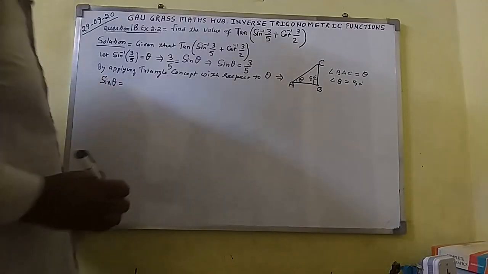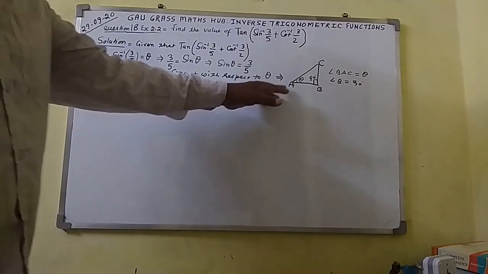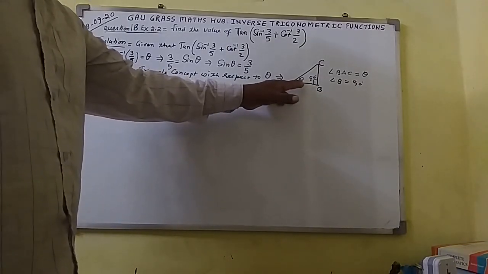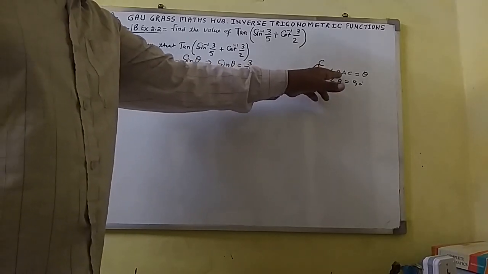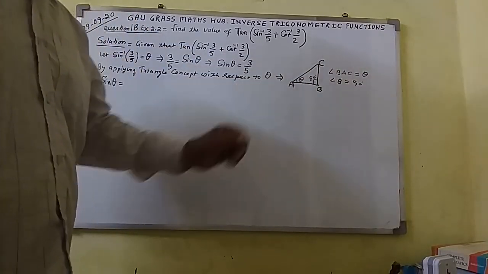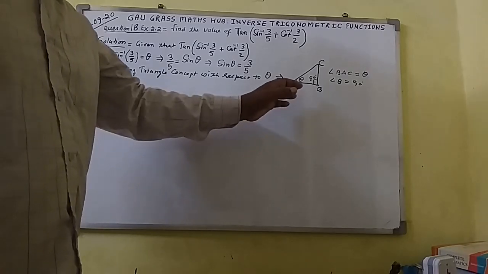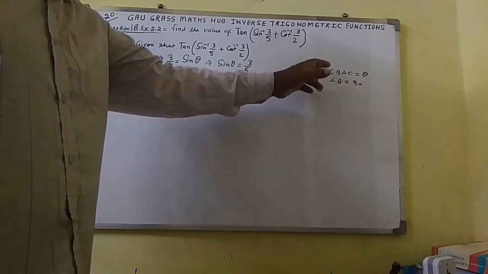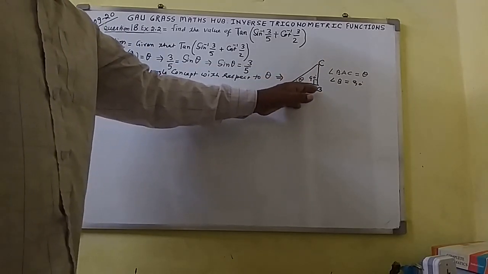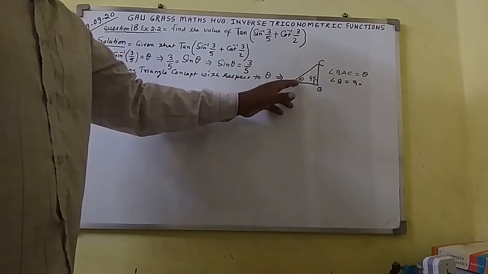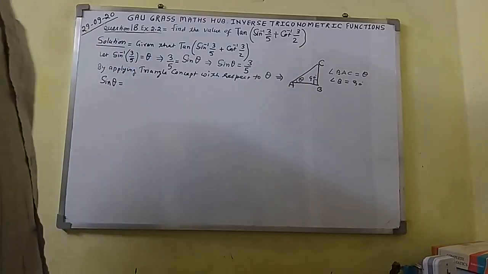Sin theta with respect to angle BAC equal to theta: the perpendicular will be BC, because BC is the side opposite to angle theta.